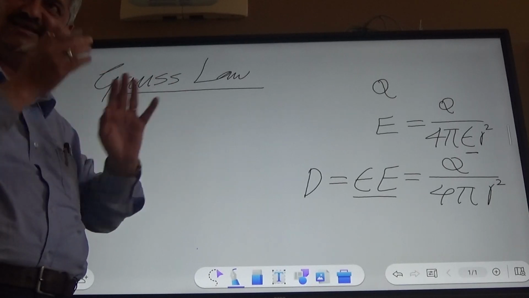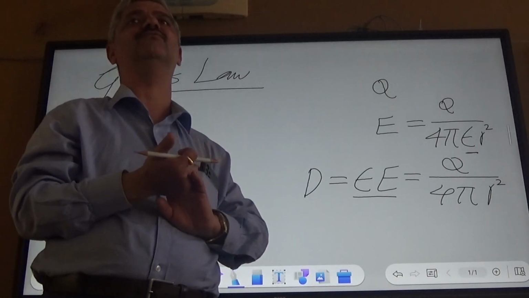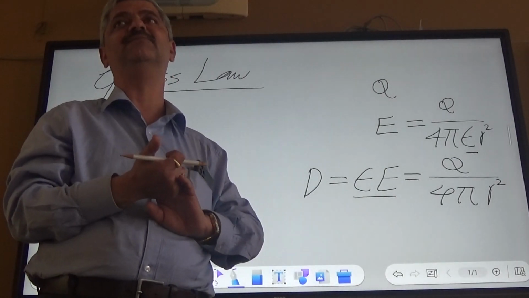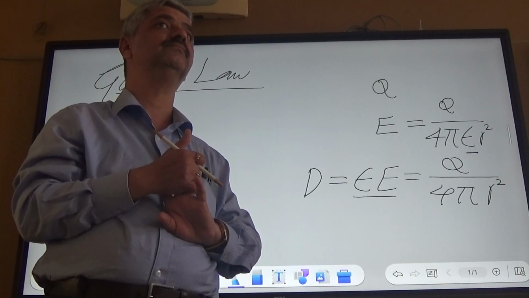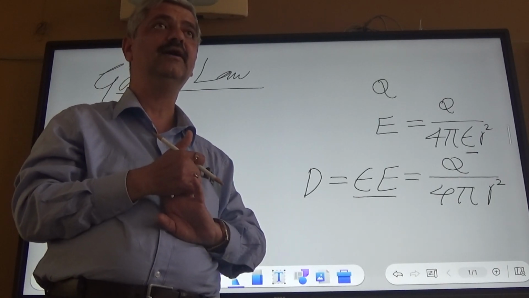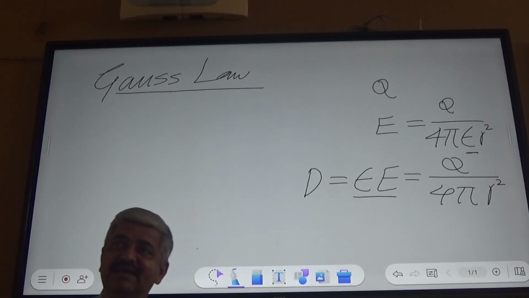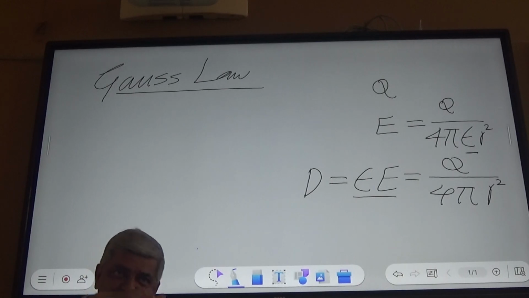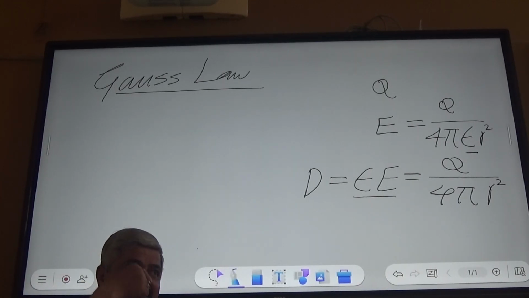Then is it a scalar then? What is direction of a surface then, if it is not a closed surface? Direction of a surface is perpendicular to surface. It's normal, area normal, right?